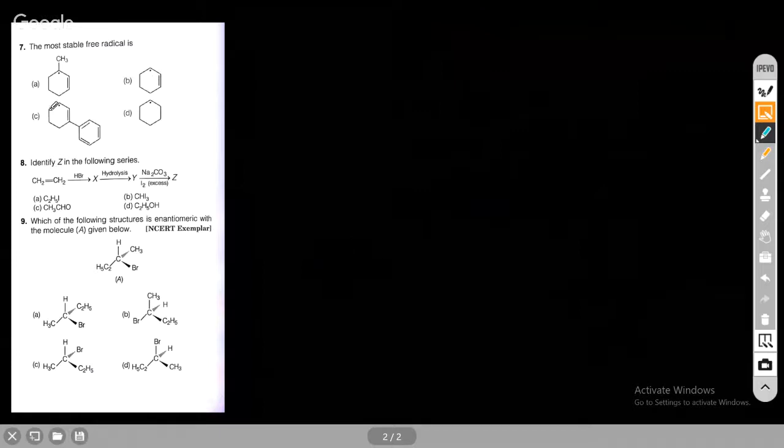Okay, the correct answer will be option C. Why? Because this one is resonance stabilized. You see, this free radical is in resonance with this pi bond and then with this ring also, right? So maximum resonating structure will get over here, and that's why this one is most stable, right? So correct answer will be option C. Got it?